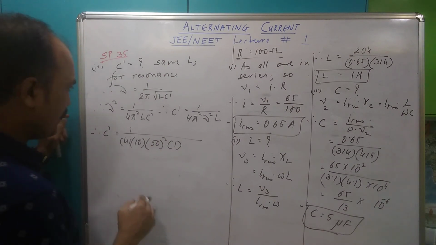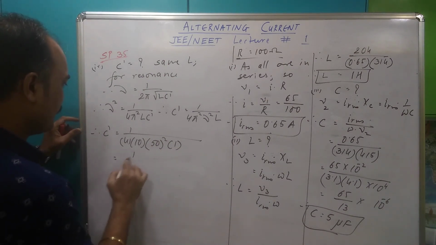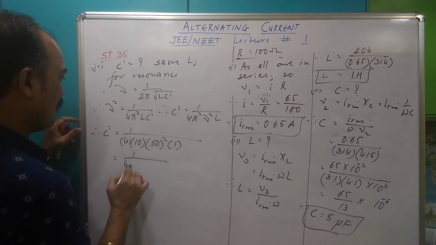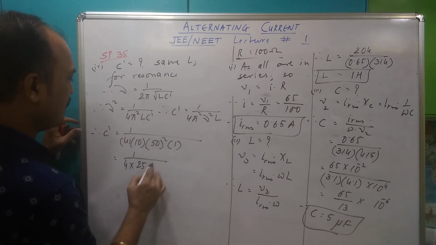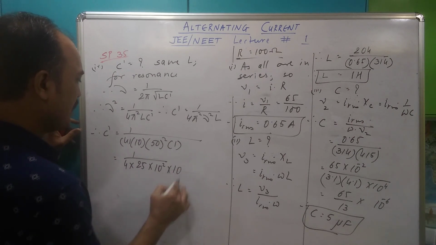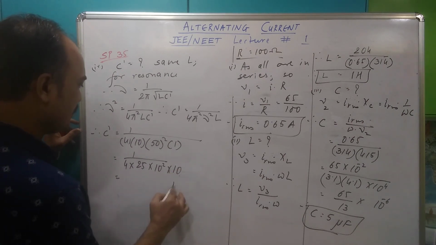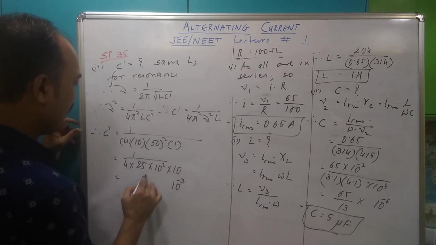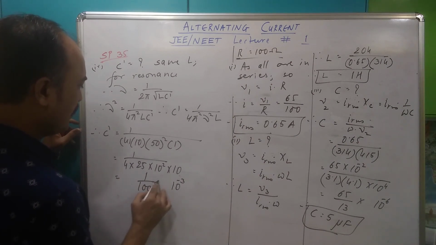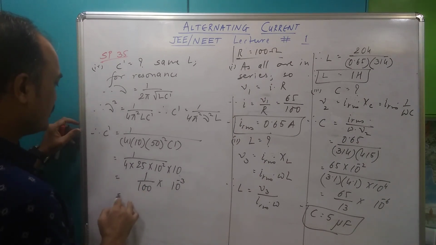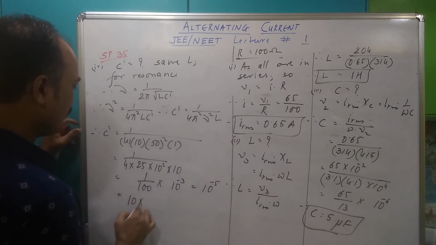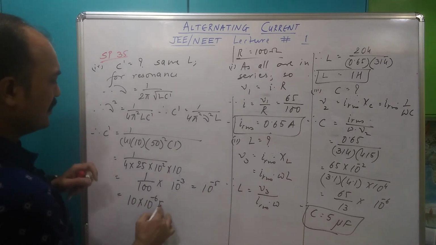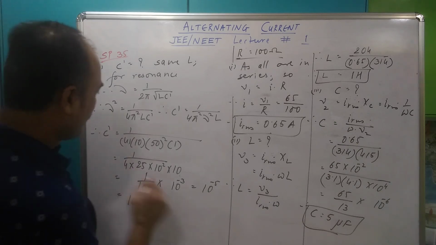Okay, now this seems to be a bit tricky, but let me see. This is 4 and 50 का square 25 into 10⁻², and this is 10. So 10⁻³ को ऊपर चढ़ाया, and 1/100 into 10⁻³, oh, this is 10⁻⁵. So isn't this 10 into 10⁻⁶ farad, 10 microfarad, करीबन.